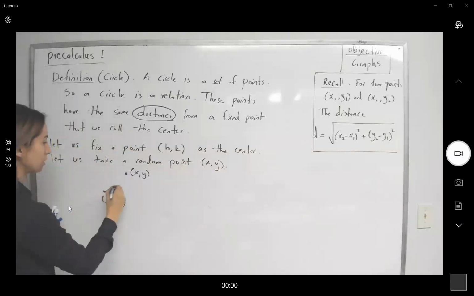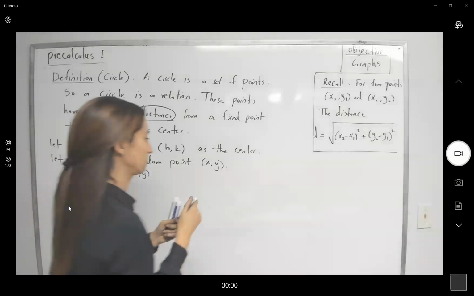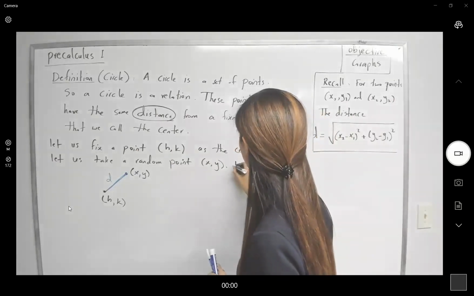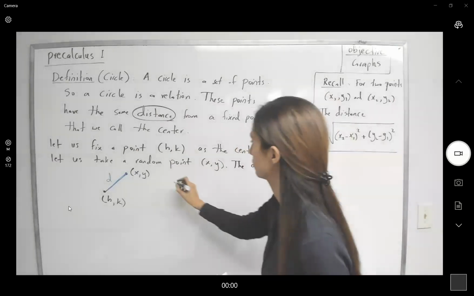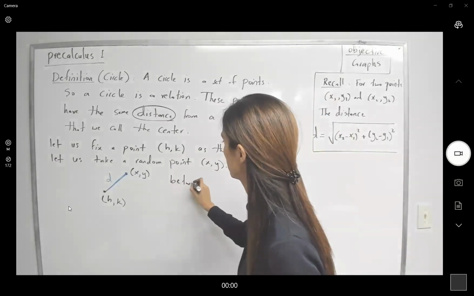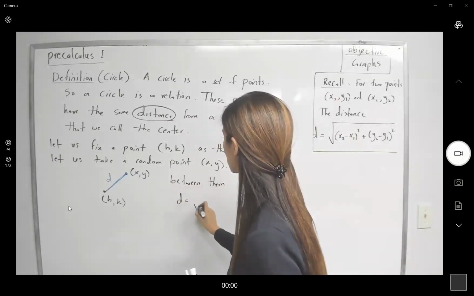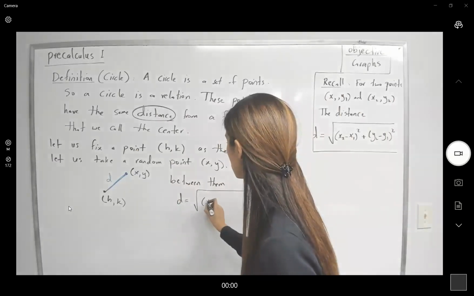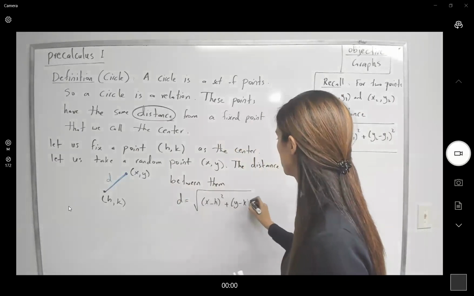The distance between them, I can easily write that distance d, is d equals the square root of, well, here I have x minus h squared plus y minus k squared.